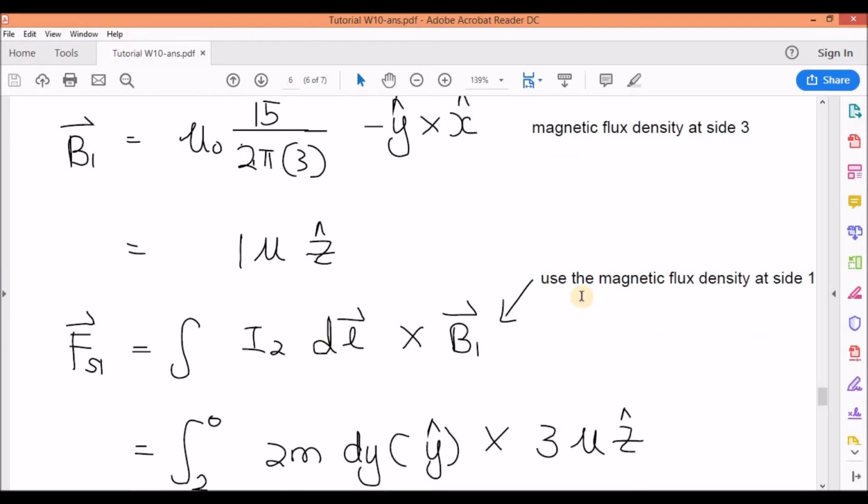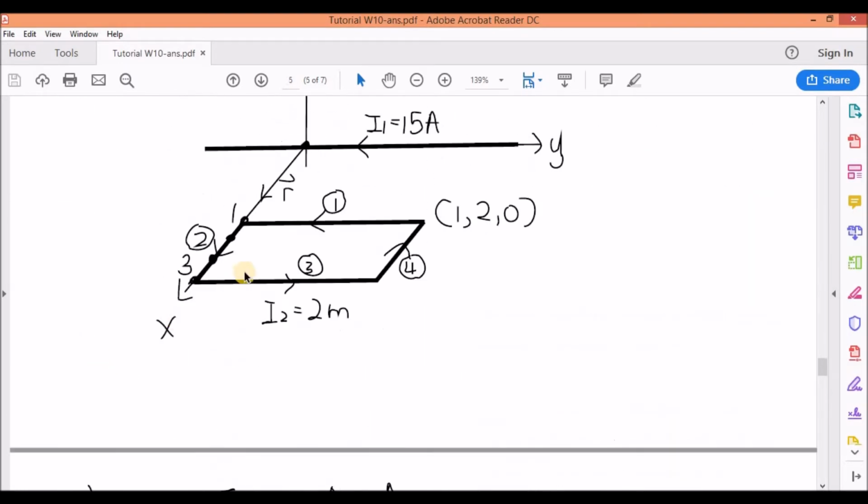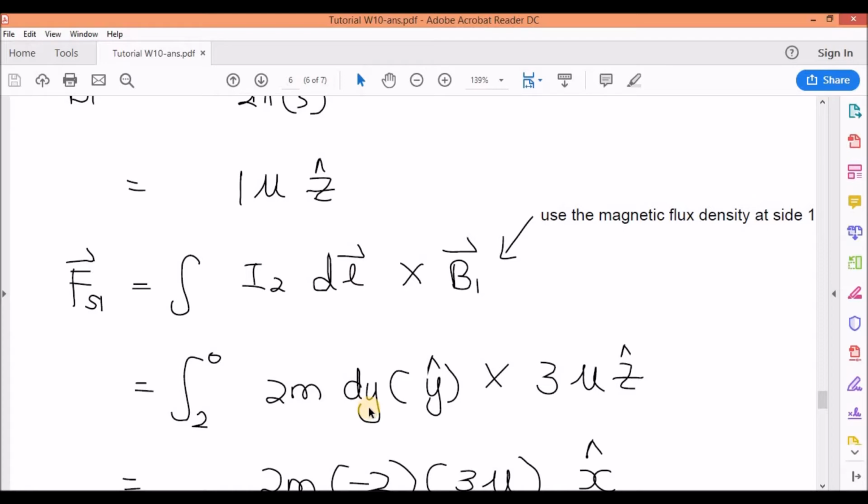Now let's look at how to find the force at side 1. Here is side 1, and along side 1 you have current I2, 2 milliampere. So I will put 2 milliampere here, and the length of your I2 depends on the value of y, so it should be dy.